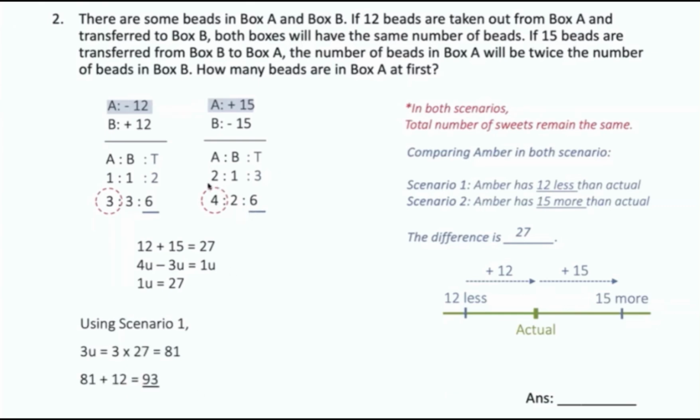If I were to use the second scenario, A is 4 units. And look here. In this second scenario, A received 15, but A actually didn't receive 15. So I need to minus away 15. The answer is also 93. All right.